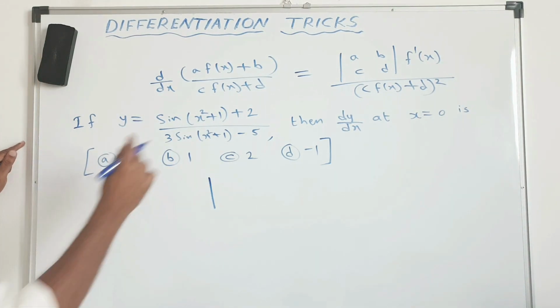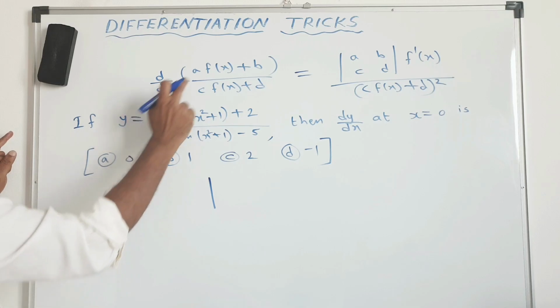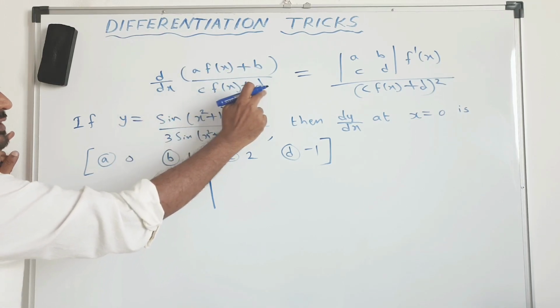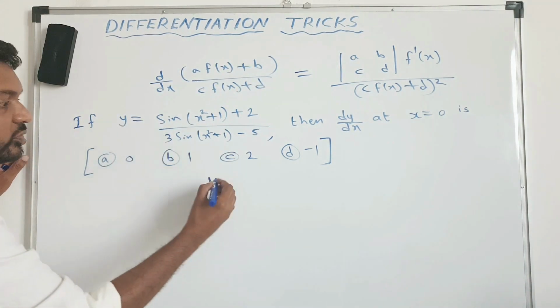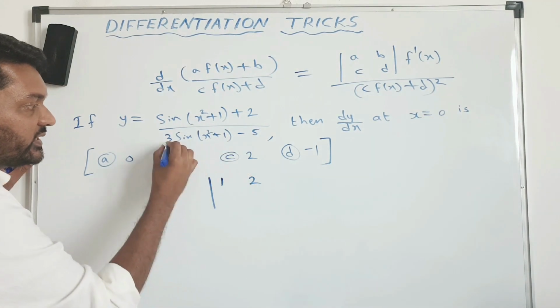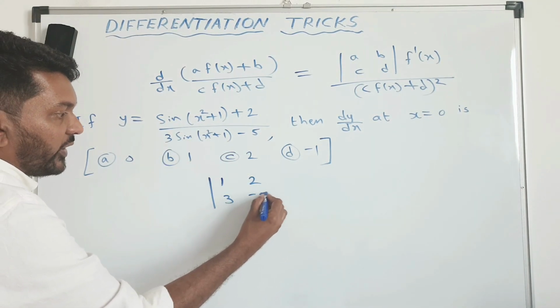Determinant, it should be in this form: a f of x plus b by c f of x plus d. It is already in that form. A is 1, b is 2, c is 3, d is minus 5.